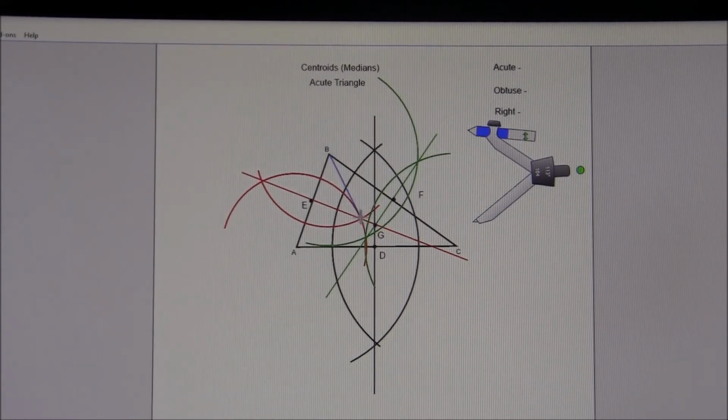From the vertex, you see it right here? See the blue? Vertex. Do you see it?